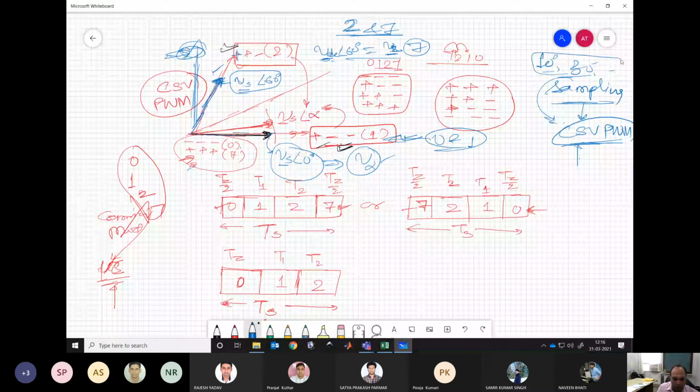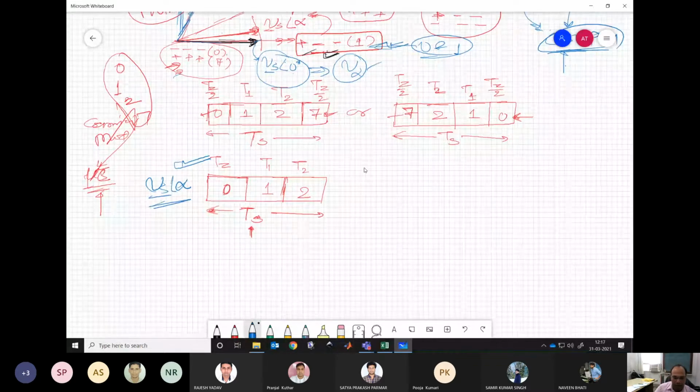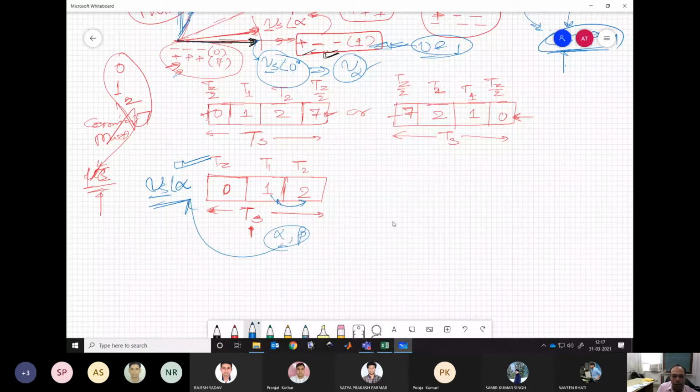One example I gave: for any given vector Vs angle alpha, you need not apply the other zero vector. Only one zero vector is sufficient to realize that. So these both together can give the alpha beta components. Is it clear?